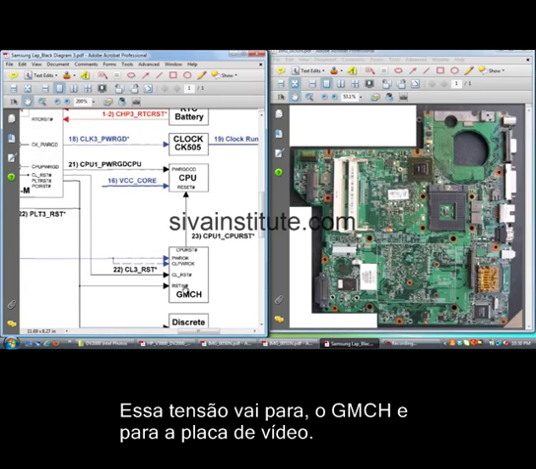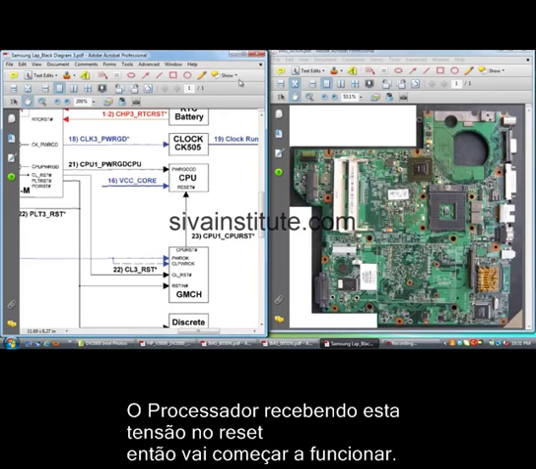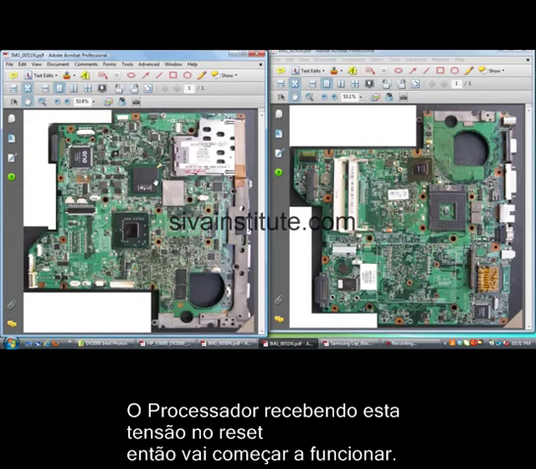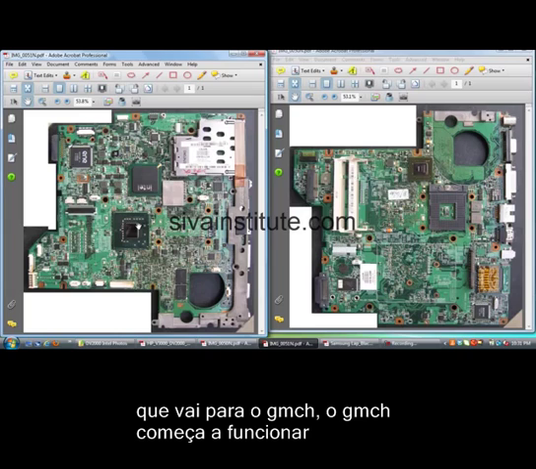When this voltage releases RSM reset, this power good voltage goes to the CPU. CPU starts its function. When ICH receives power good voltage, it releases PLT reset and PCI reset voltage 3.3 volts. That voltage goes to GMCH.